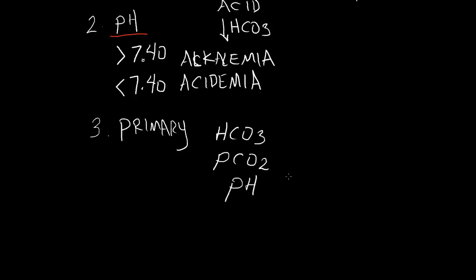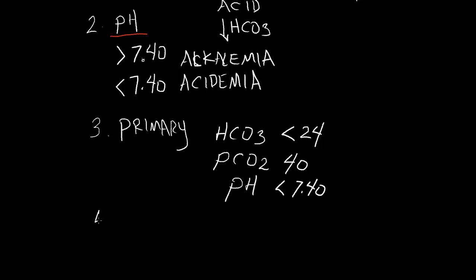So if you have a low pH, less than 7.4, and you have a bicarb that's less than 24, then you have a metabolic acidosis. Let's say the bicarb is 40, normal. So our primary in this particular scenario is going to be a metabolic acidosis.